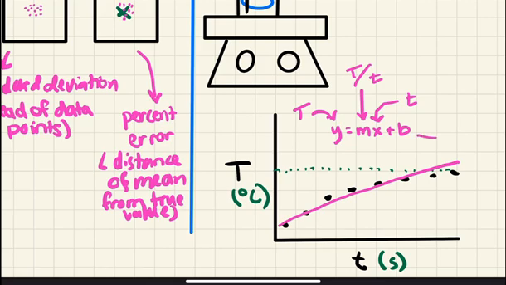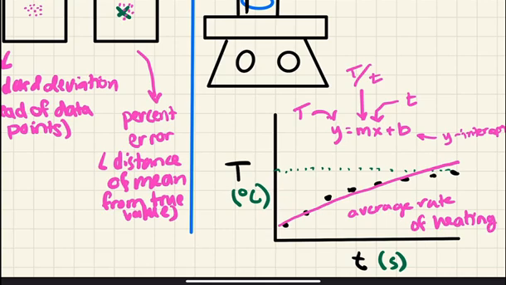And then, of course, we have b, our y-intercept. So b basically represents when we're at time 0, what is the starting temperature in this example. The line that we fit here, the straight line, is essentially going to represent the average rate of heating of our sample. So we could consider that slope as the rate of heating.